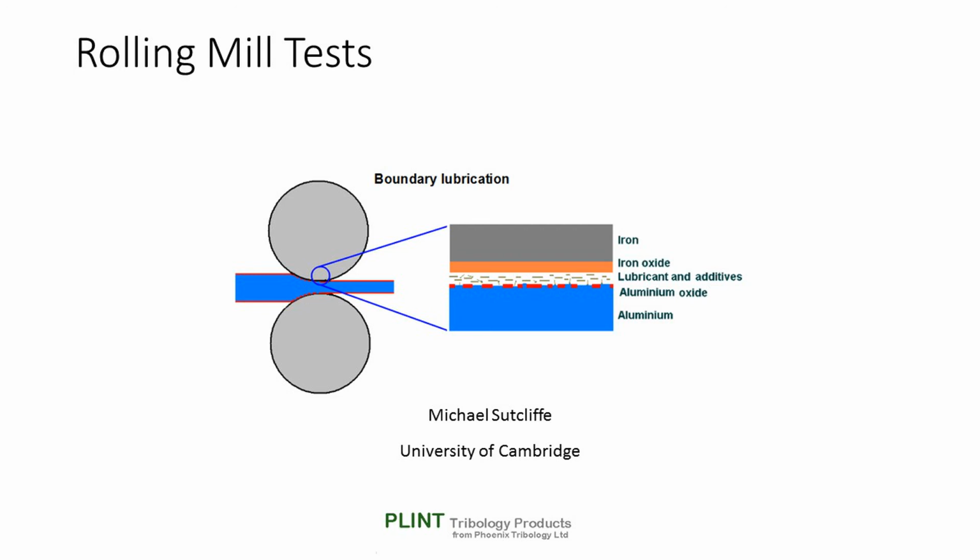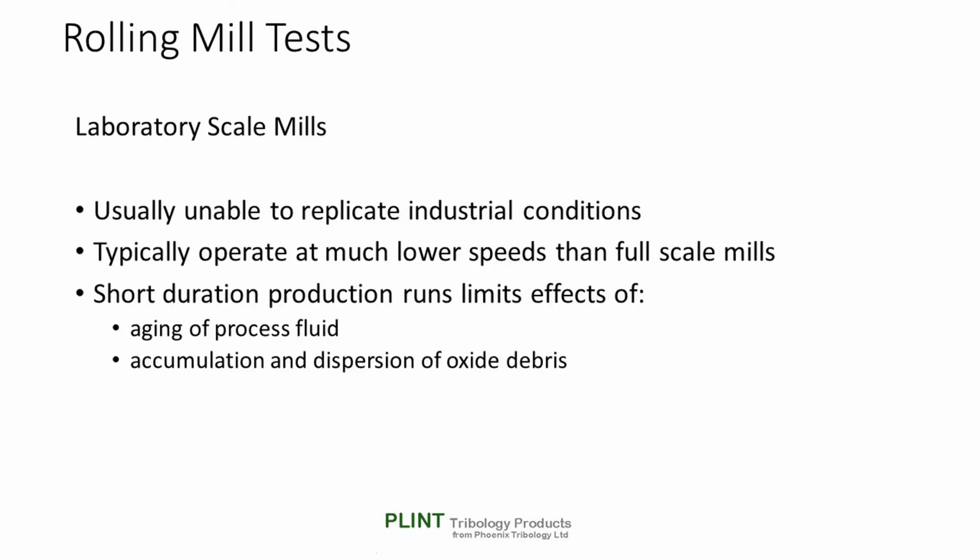Boundary lubrication and transfer layers are important, and any sensible tribological test needs to simulate these to be useful, and these depend on generating fresh surfaces. Laboratory scale mills are, for numerous reasons, invariably unable to replicate industrial conditions and are thus of limited usefulness. They typically operate at much lower speeds than full-scale mills, hence under different lubrication regimes, and for much more limited duration production runs.